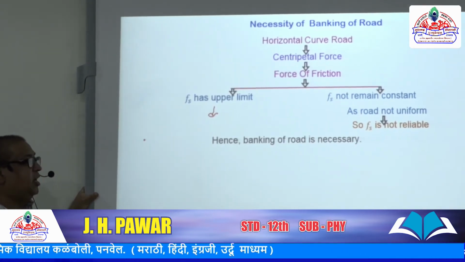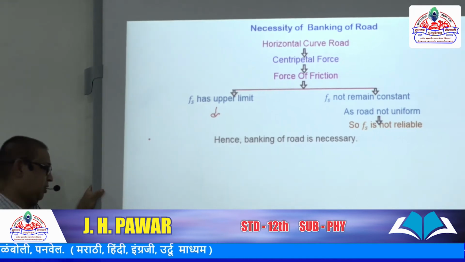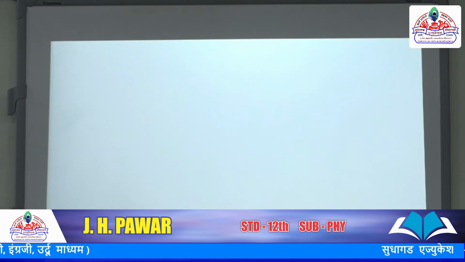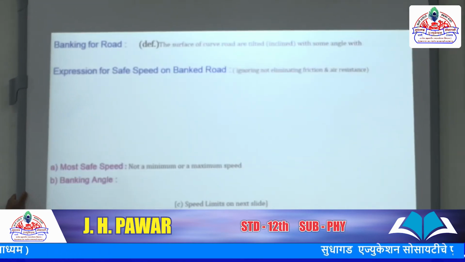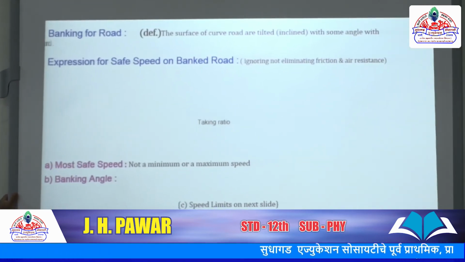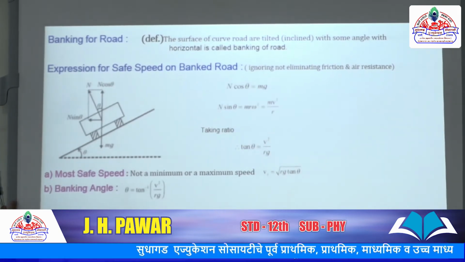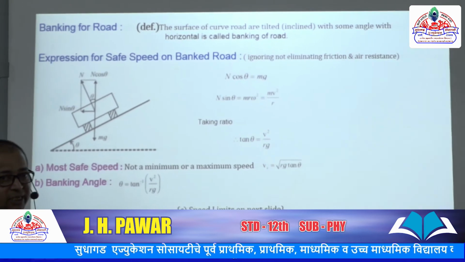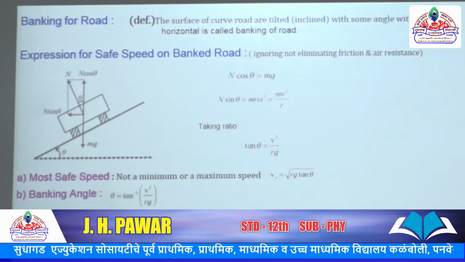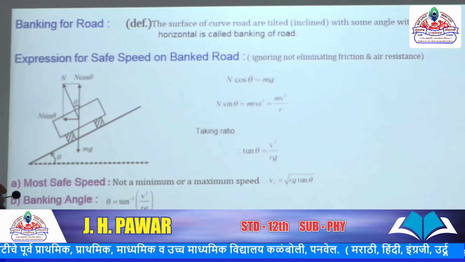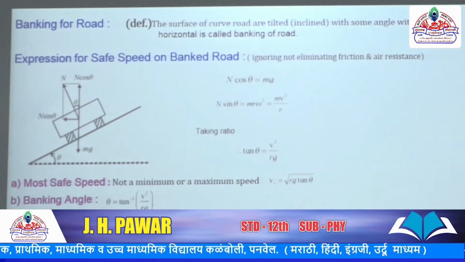Thereafter, the question arises, what is banking of roads? You know the racing tracks. The racing tracks are not rough. They give a certain inclination. Means the surface of curved road is tilted or inclined with some angle with the horizontal.